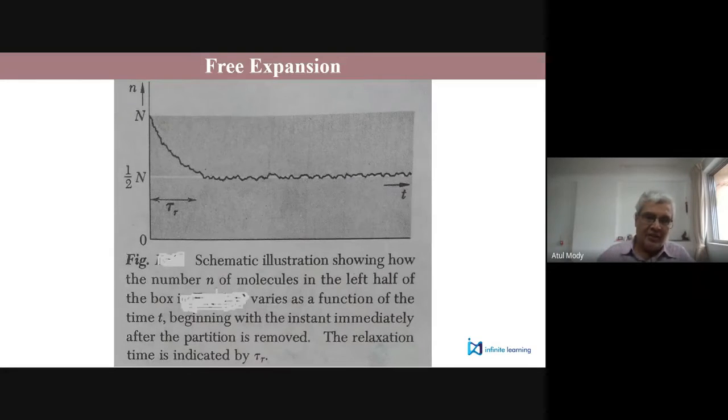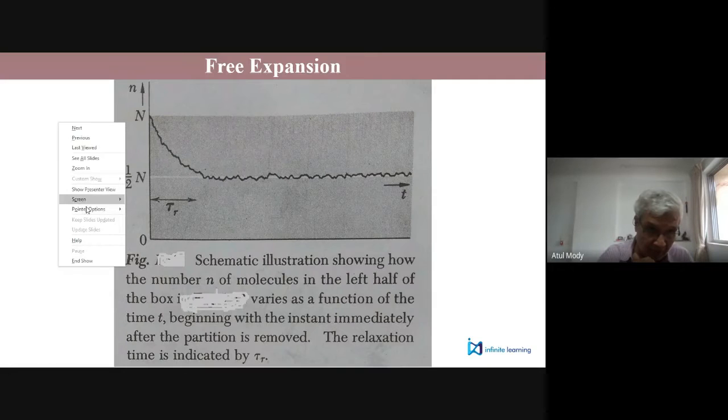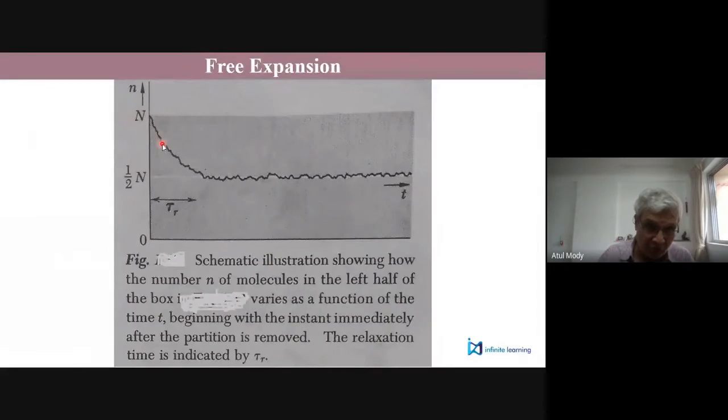So if I keep track of the number of gas molecules on the left half of the box, at t equal to 0, they were all on the left side. So the number of molecules was n. After you lifted the partition, slowly the number of molecules on the left decreased.